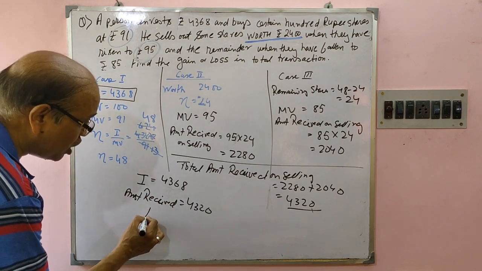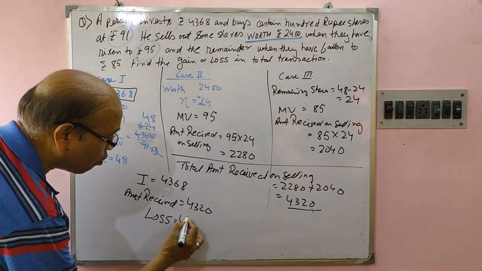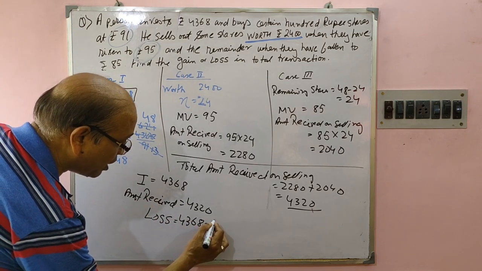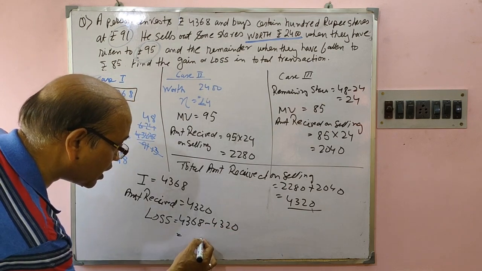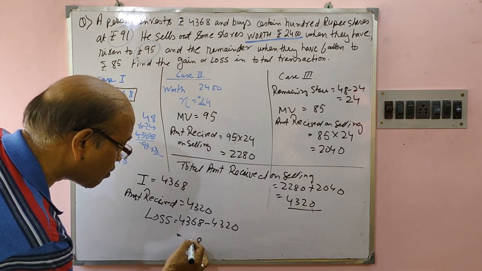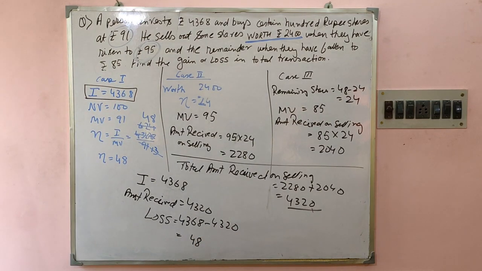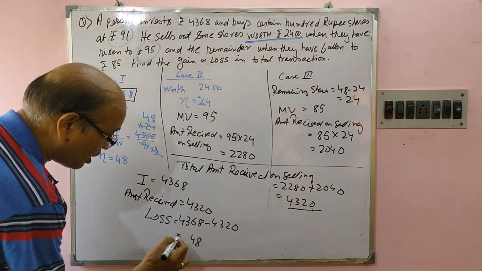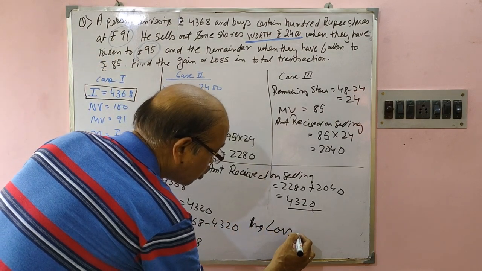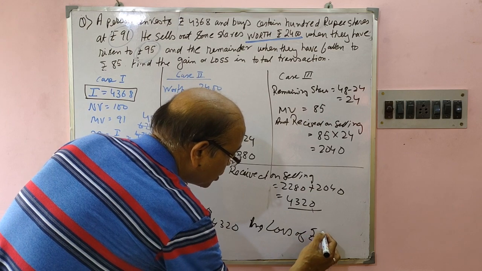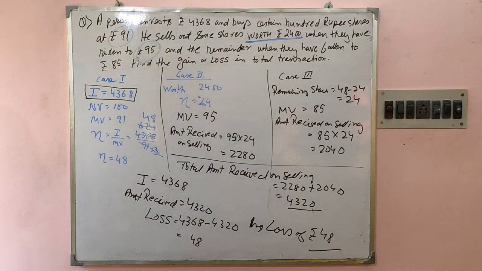That means it is a loss. How much loss? 4368 minus 4320, which is 48. Loss of rupees 48. So the answer is loss of rupees 48. Is it clear?